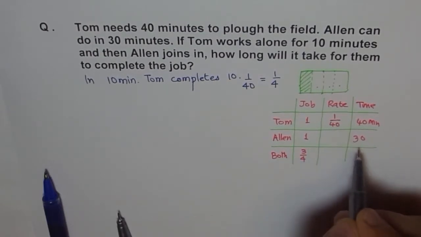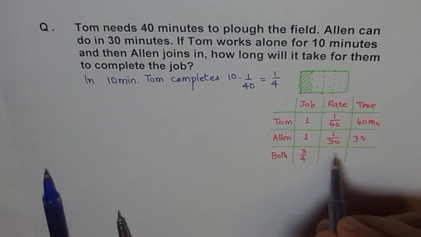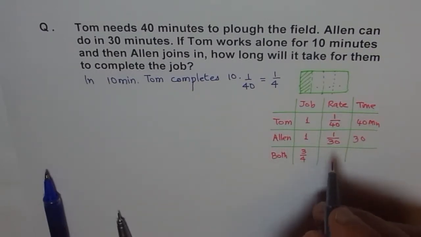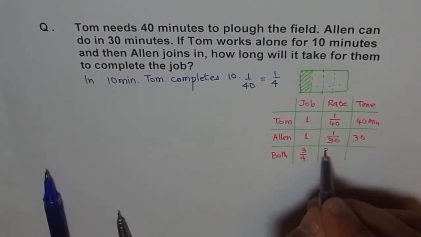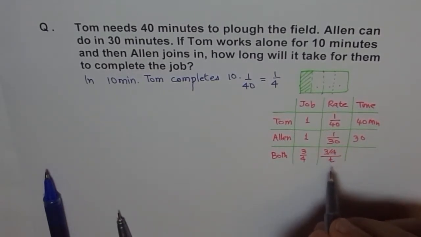Do you see that? And for Ellen, the rate is 1/30. Do you understand? This is the total rate. So when they work together, they are not really doing the full job, but the total time taken will be 1/t of 3/4, right? So I'll write 3/4 over t is the total job.